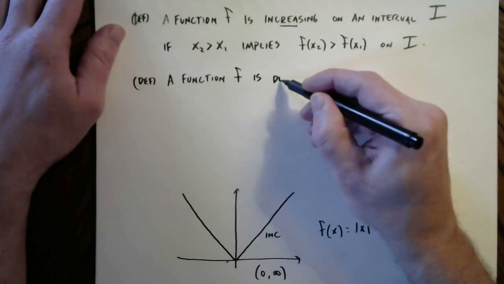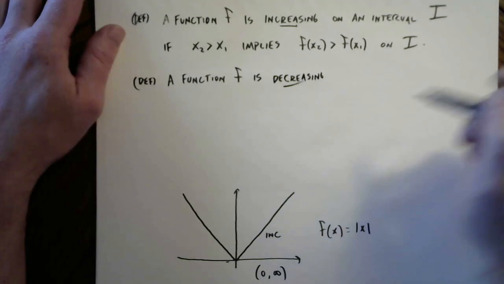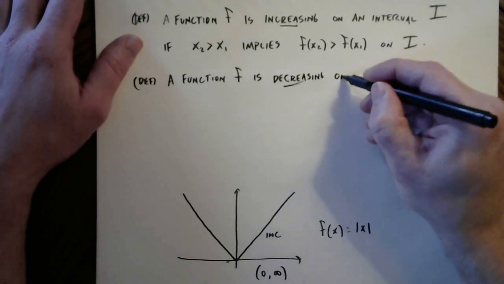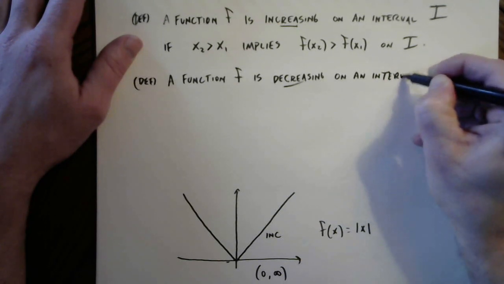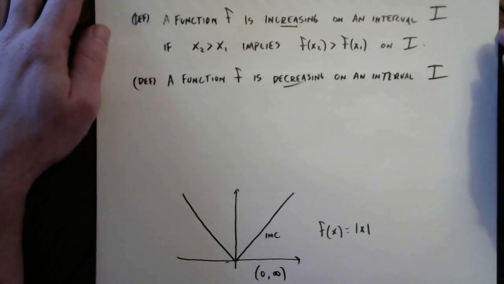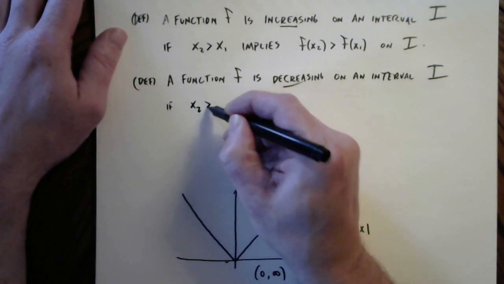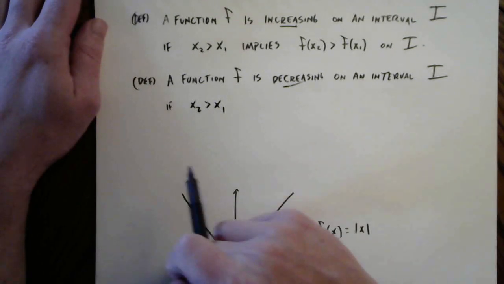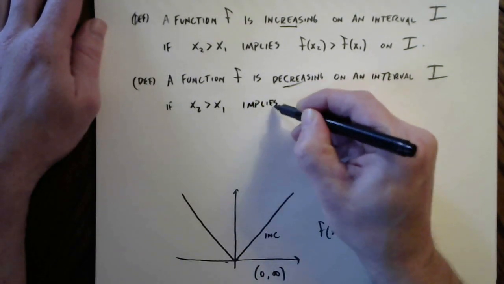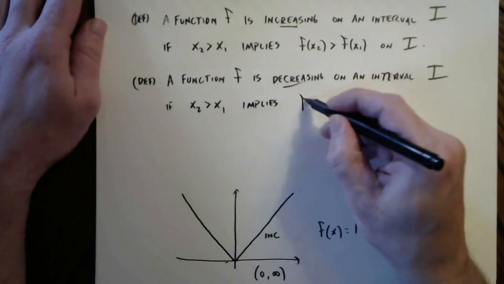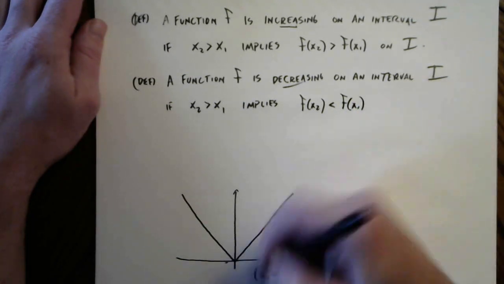A function f is decreasing on an interval I. Different interval, of course, but it's just a definition. If, and now as we move to the right, what's happening to the y values or the f of x values is going down.